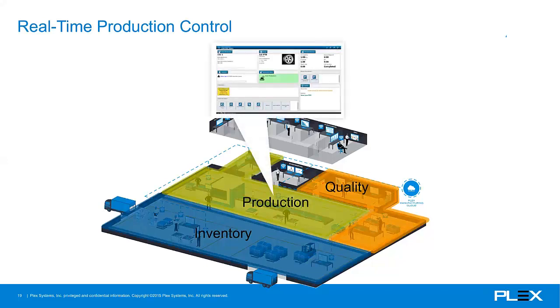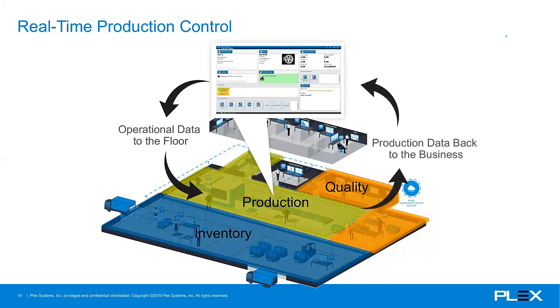Let me explain again using the context of that control panel. As I highlighted earlier, the control panel is the main user interface leveraged by the operators running the manufacturing process. This tool ensures the operator receives the critical operational data directly from appropriate departments, and through the operator's interactions with this tool, they're able to provide production data back to the business to help improve that decision process.